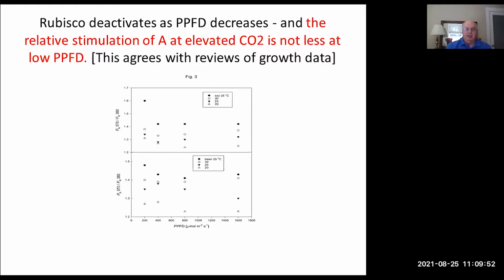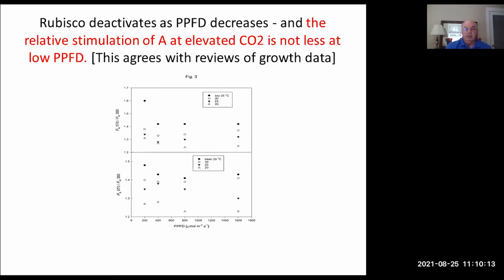And this is just an illustration from an old publication of mine. On the y-axis is the ratio of assimilation rates at high to low CO2, and the x-axis is the photosynthetic photon flux density.